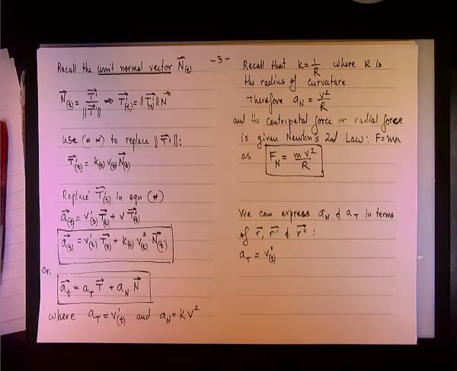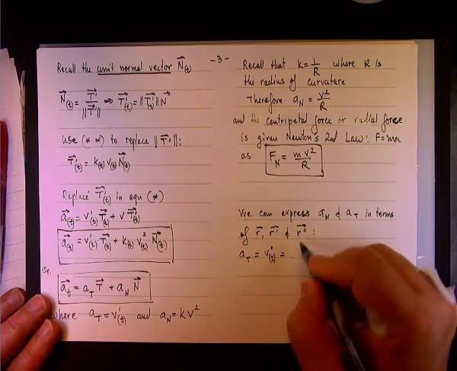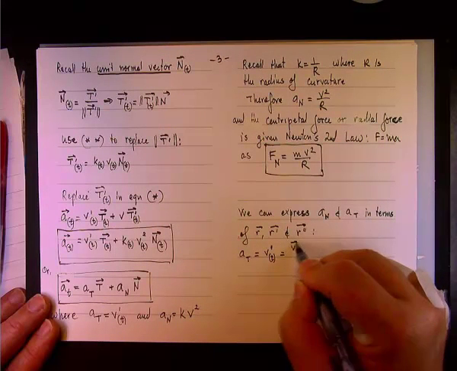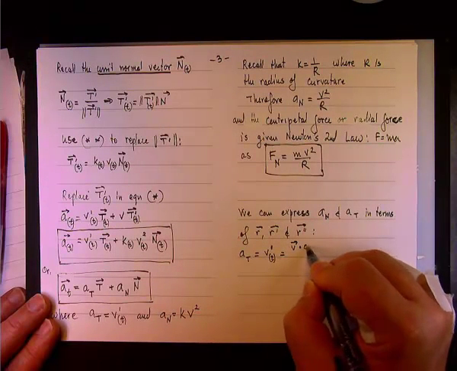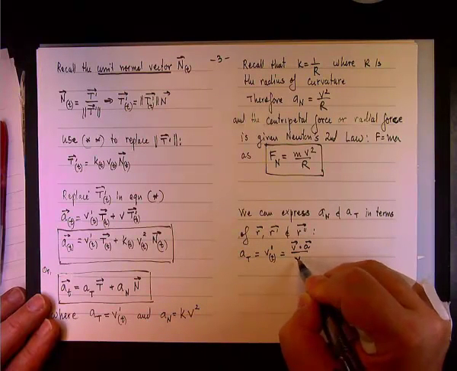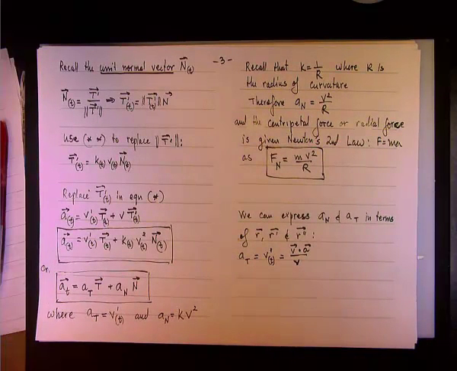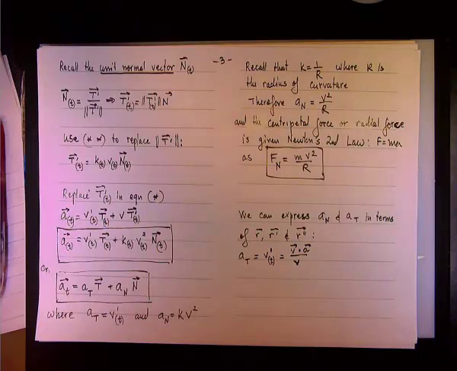The speed is the magnitude of the velocity. If you apply the quotient rule, you'll end up with the velocity vector dotted with the acceleration vector, divided by the magnitude of the velocity. Let me double check on something here in my notes.